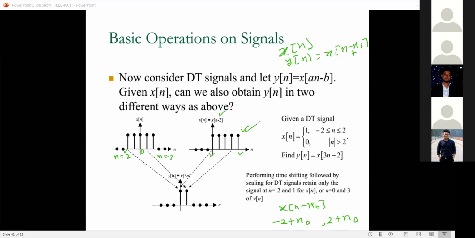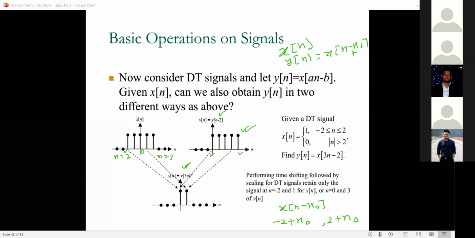Now you have to scale it. Scale means downsample. We are scaling it by 3 times. What does it mean? It means you are just picking every third sample of your shifted signal, isn't it? Yes.